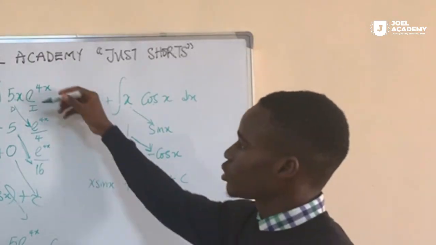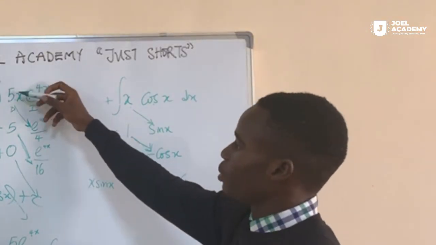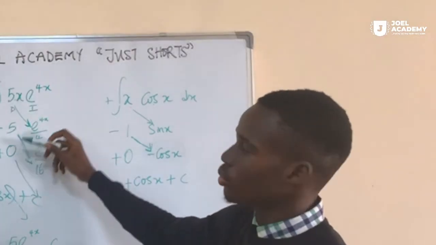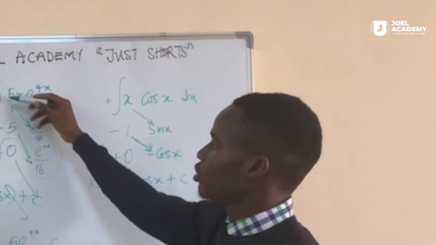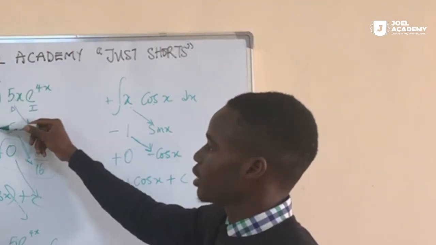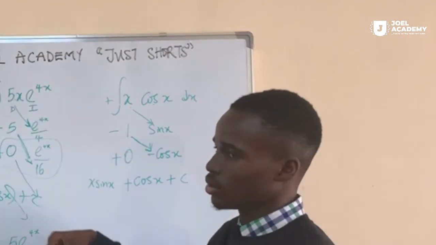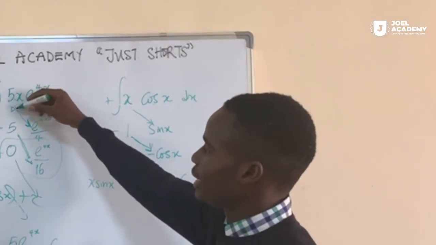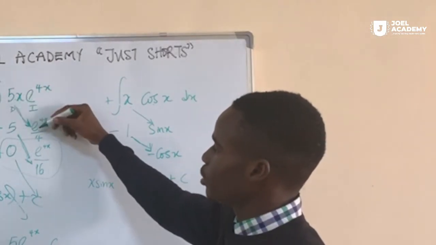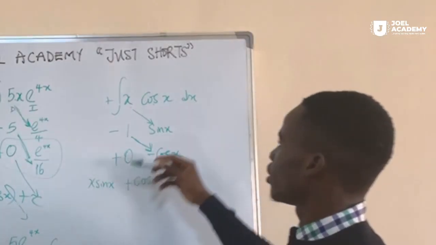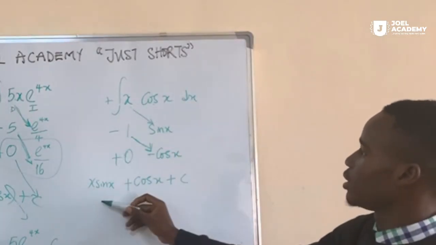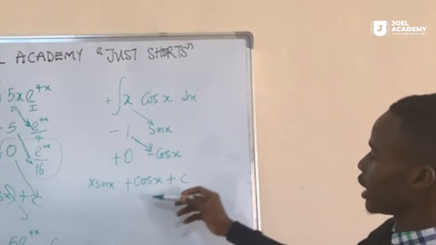So please take notes. We started from here, differentiate this down to where you have 0, integrate this till where the partner is 0. You have plus for the first one, minus, plus, minus, like that, and you multiply diagonally. So 5x multiplies this, we have this, minus 5 multiplies this, we have this. X multiplies this, we have this. Minus 1 multiplies minus cos x, we have this.